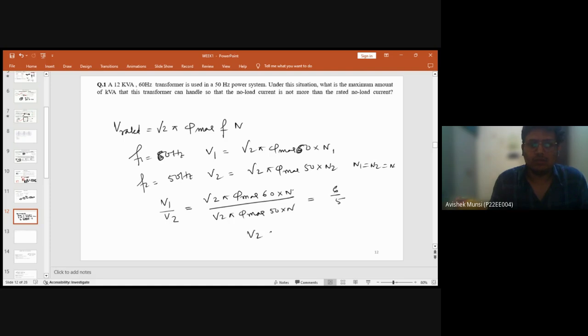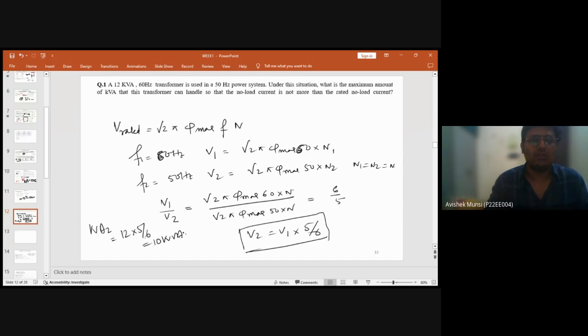So V2 will be V1 into 5 by 6. So our voltage differs only by 5 by 6 times. So kVA will also be 5 by 6 times. So kVA2 will be 12 into 5 by 6, that is 10 kVA.